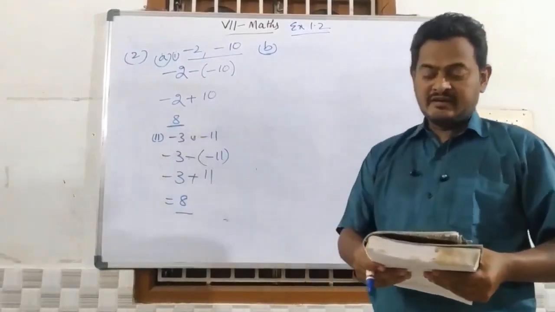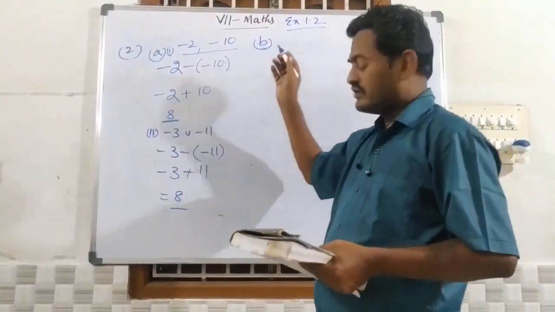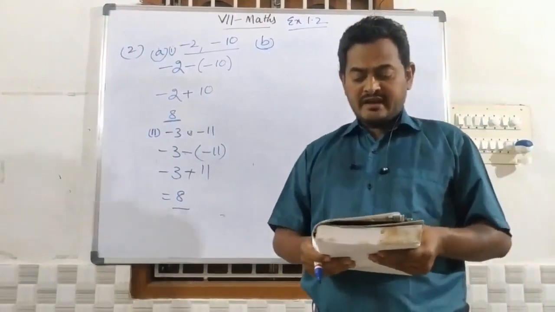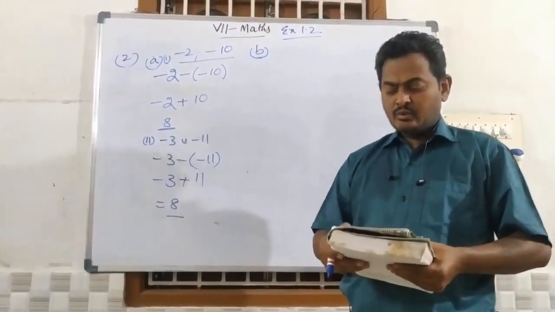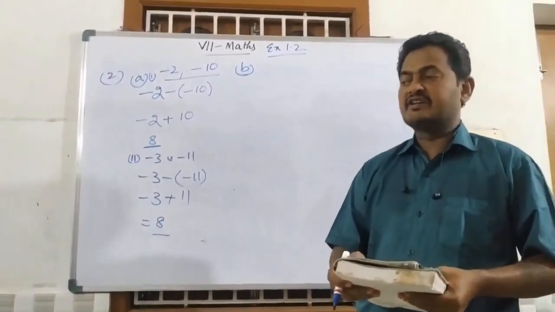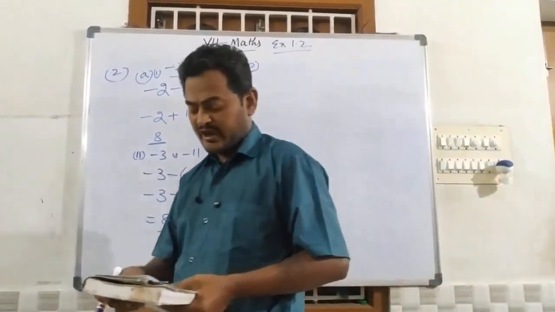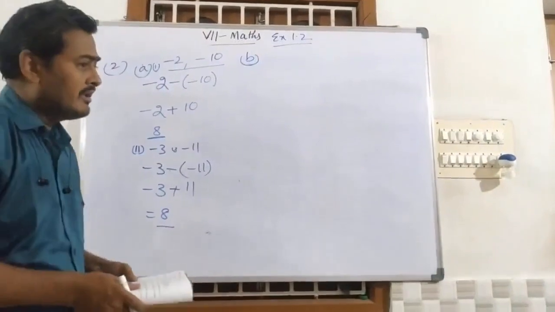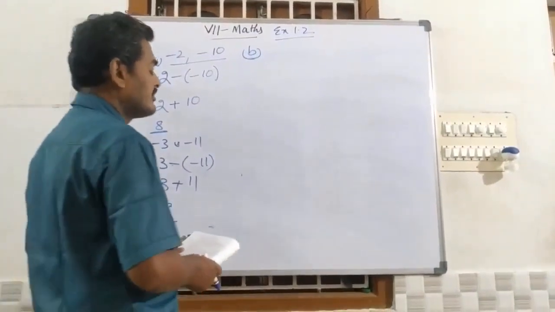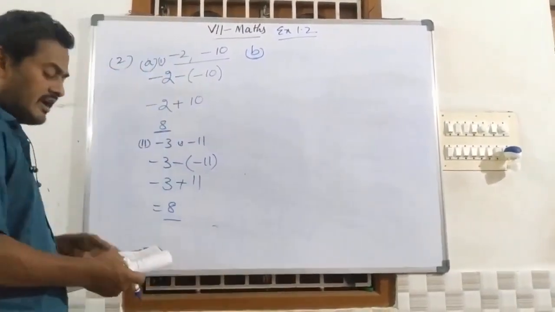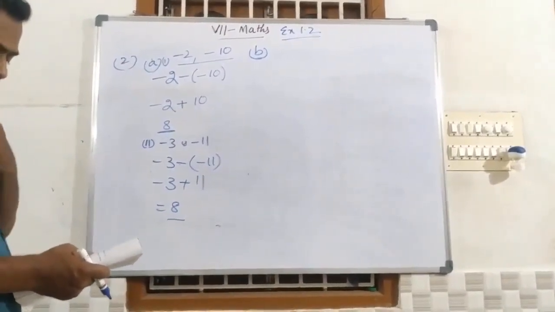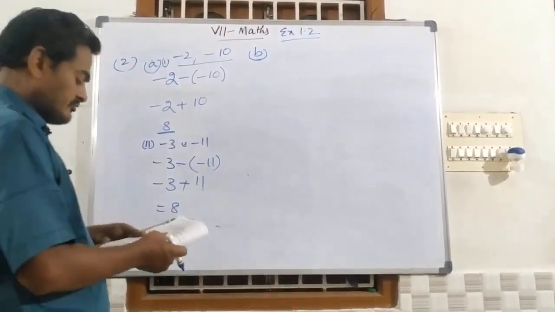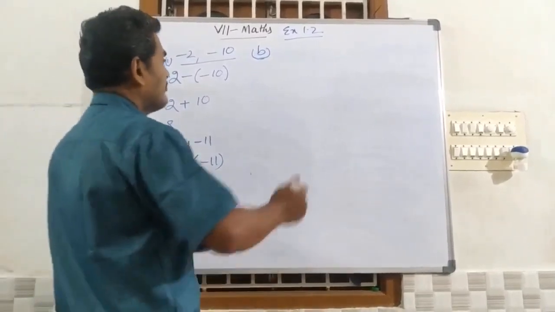Now in the B question they are asking: write a negative integer and a positive integer whose sum is minus 5. So we take first a negative number, then a positive number, and when you add both, the result will be minus 5.